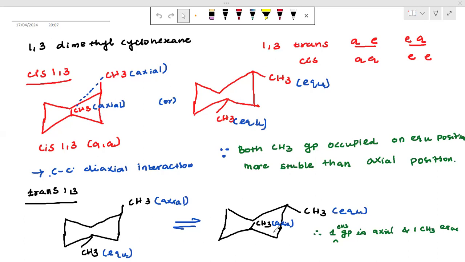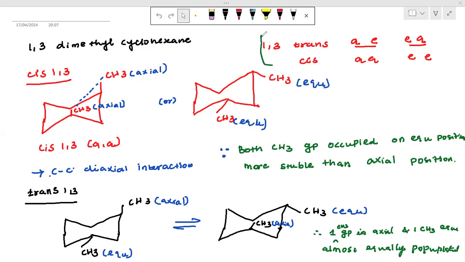One group in the axial and one group in the equatorial. Both are almost equally populated.